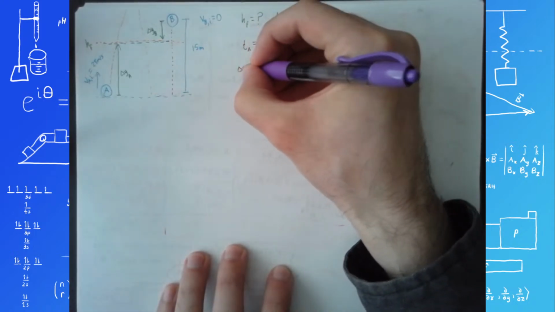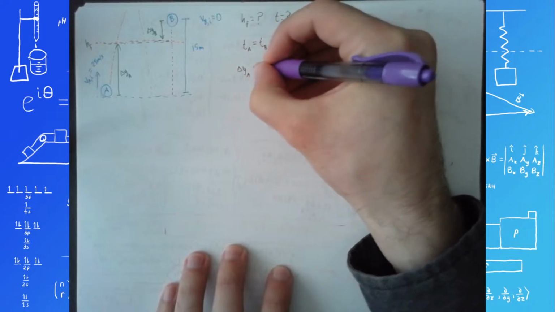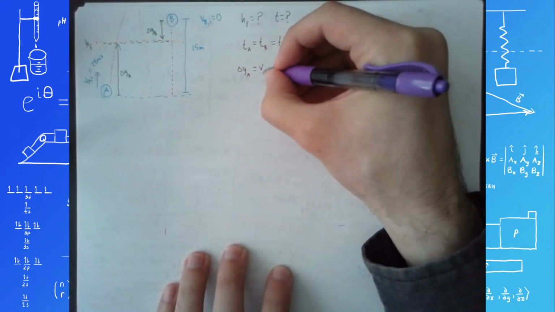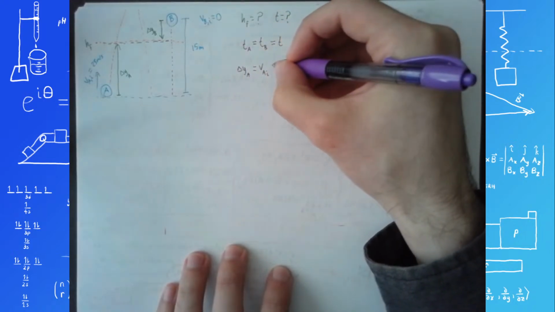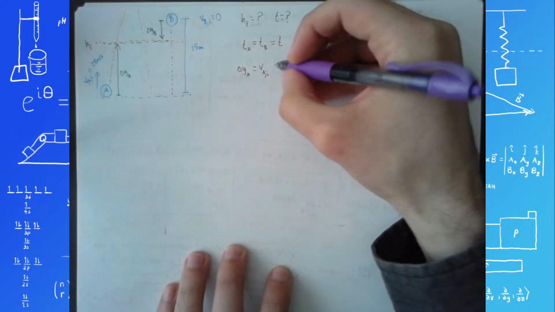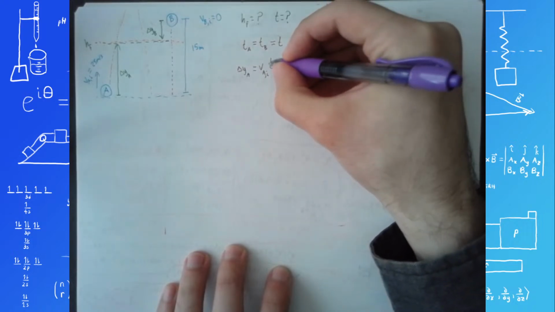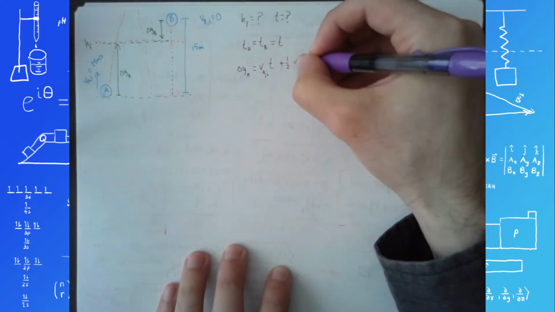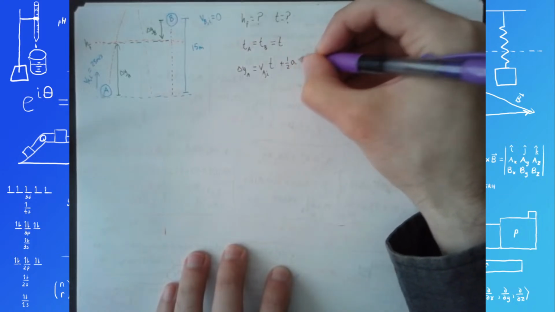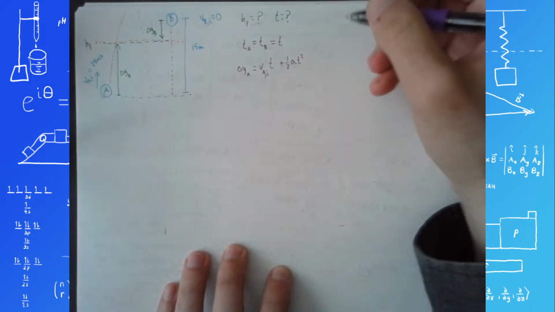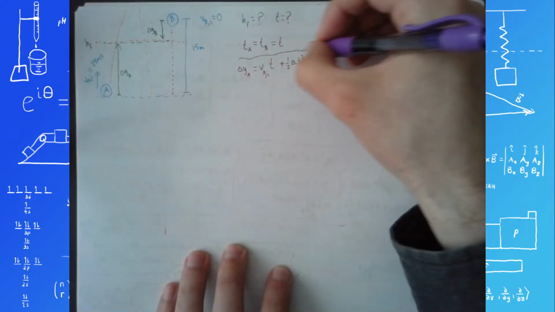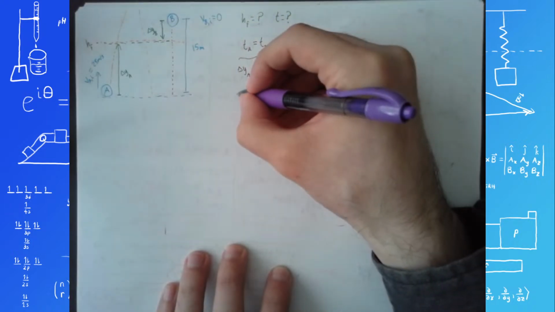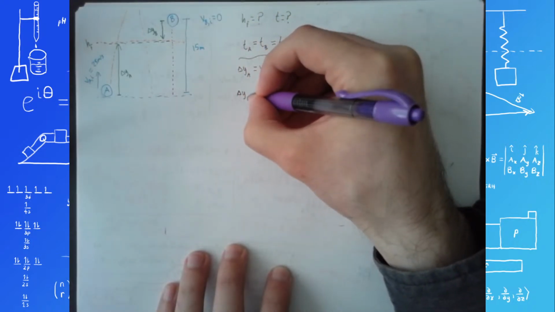So delta YA is going to be VA initial, forgot the comma, times t plus 1/2 the acceleration times t squared, and delta YB is going to be defined similarly.